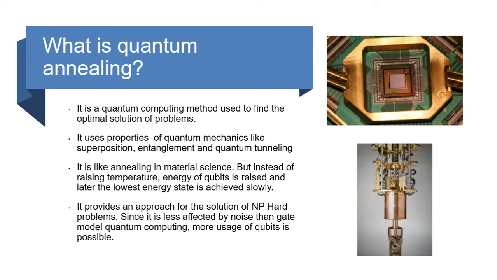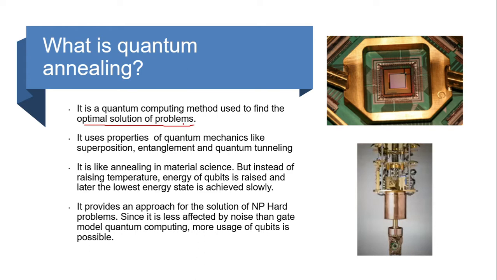What is quantum annealing? This is the quantum processing unit, QPU, and this is the quantum annealer. They look similar to what you see in an IBM quantum computer, but the way they handle the qubits is different, and that's how we have a parallel approach compared to a gate model quantum computer. This is again a quantum computing method used to find the optimal solution of problems.